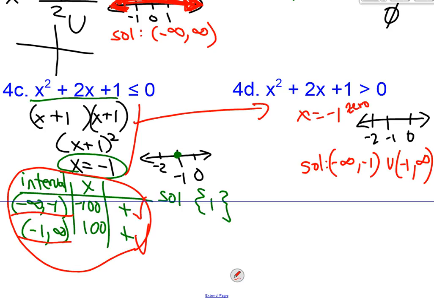To put it on the number line, the open parenthesis means the open circle. So at -1, it's the parenthesis going left, and then shading everything that way. And then from -1, it also goes from here and shades out that way. So you can see why these four answers are called unique solutions.